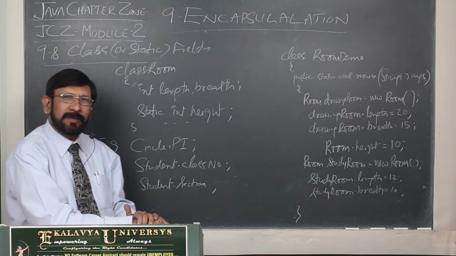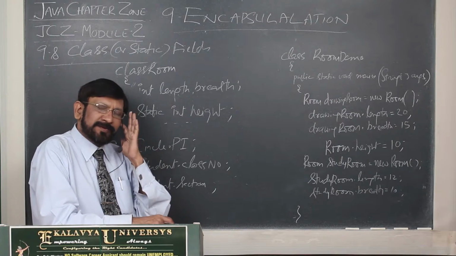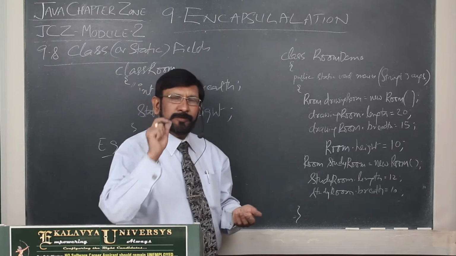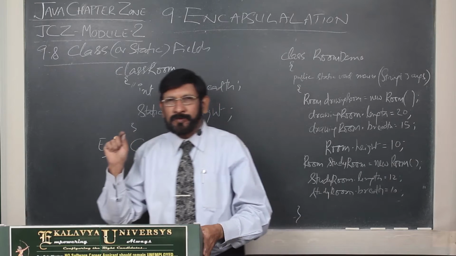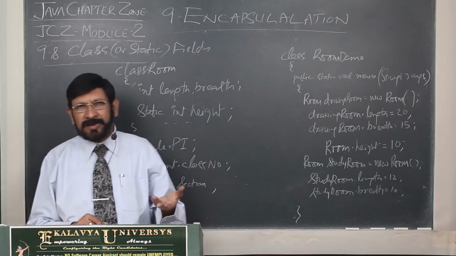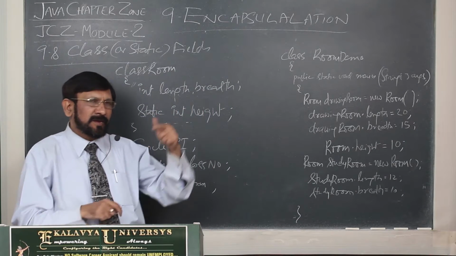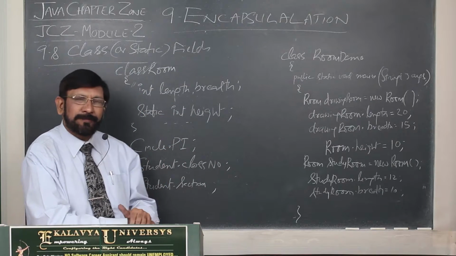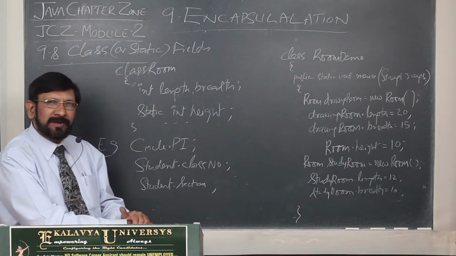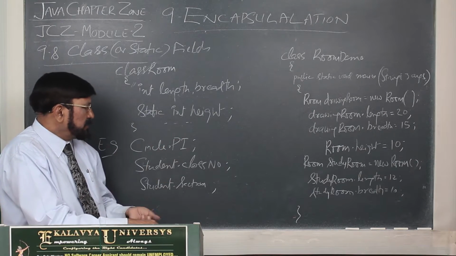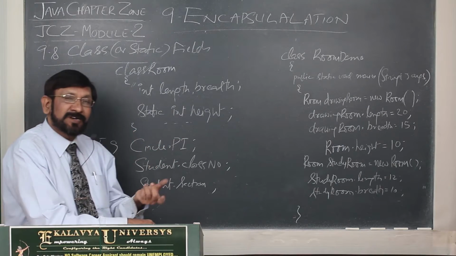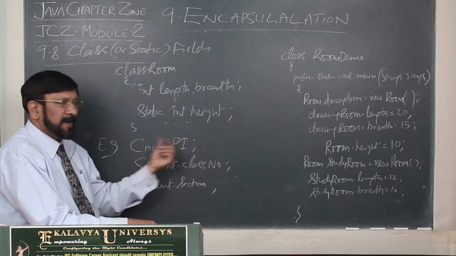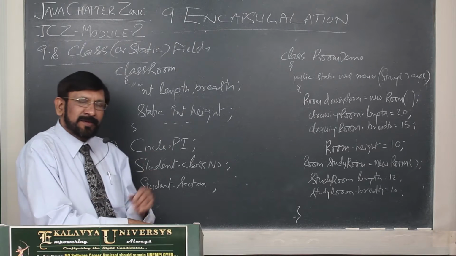A few more examples I am giving. If you create a circle class, then pi, that is 3.14159, is used for calculating circle area and circle circumference. Then you can declare it as a static variable or static constant. Then how do you call it? Circle dot pi. In the same manner, I gave an example in the previous concepts.